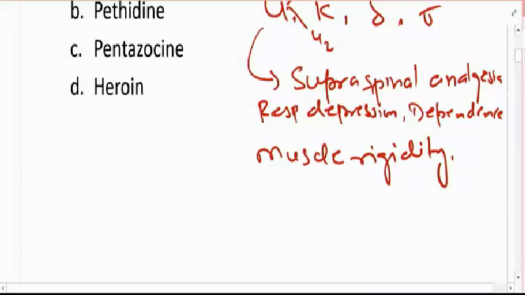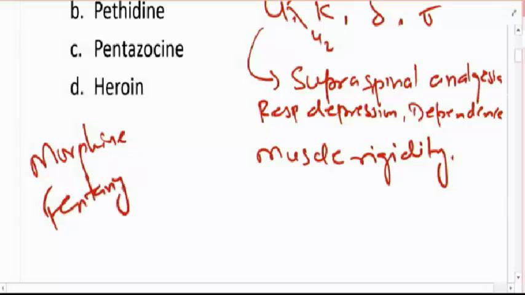So these are basically mediated by the mu receptors, that is supraspinal analgesia, respiratory depression, physical dependence and muscle rigidity. Now agonists to mu receptors are morphine and fentanyl. So these are the agonists to the mu receptors.